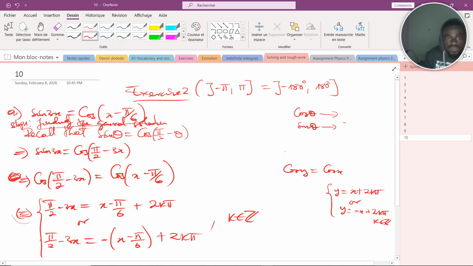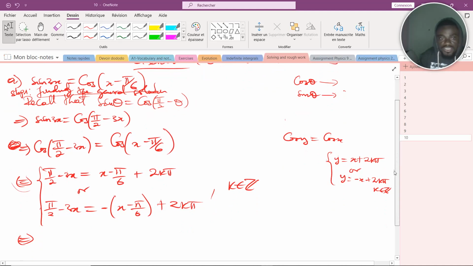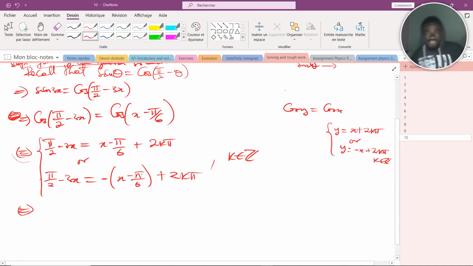Let me underline this: finding the general solution. After finding general solutions, we are going to find the satisfying values of k that will give us solutions on that interval.